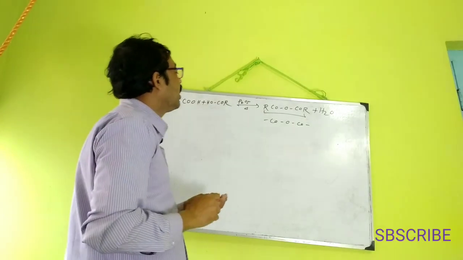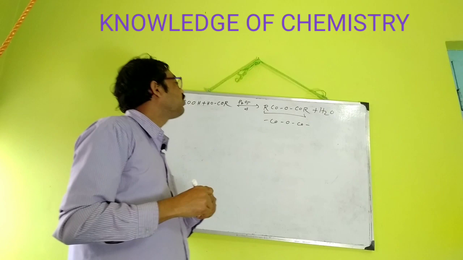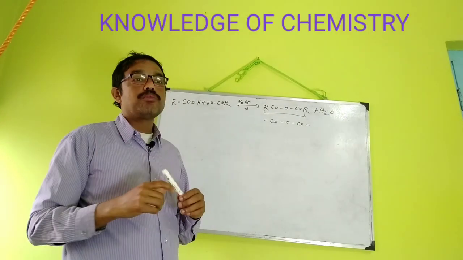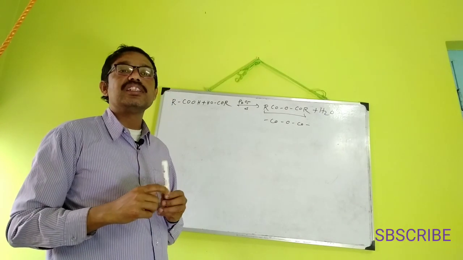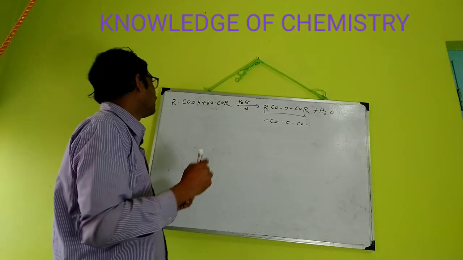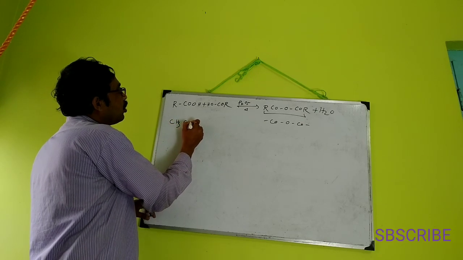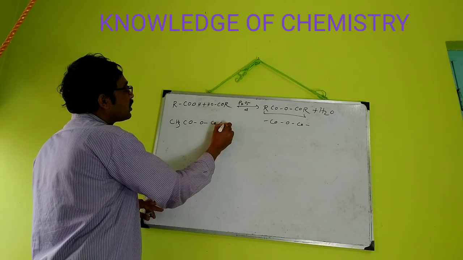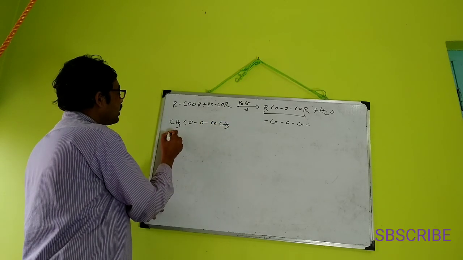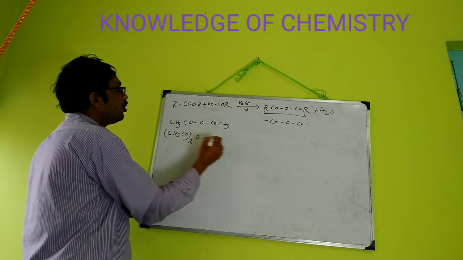It is named in the trivial system after the name of the acid from which it is obtained, and anhydride is added at the end. As for example, CH3CO-O-COCH3, also written as (CH3CO)2O.